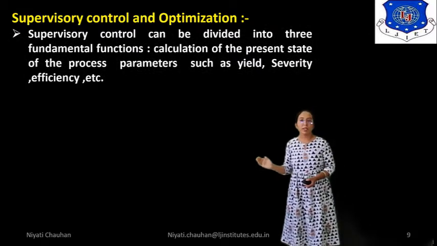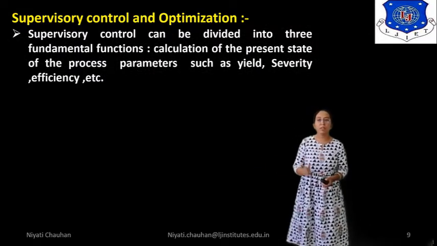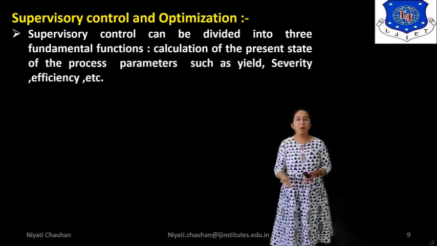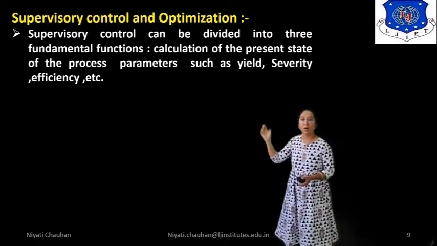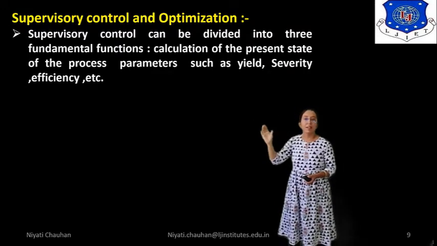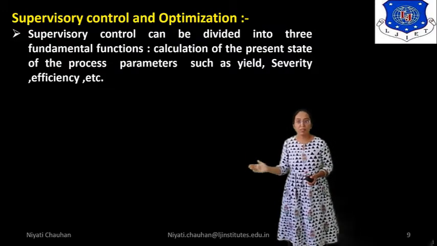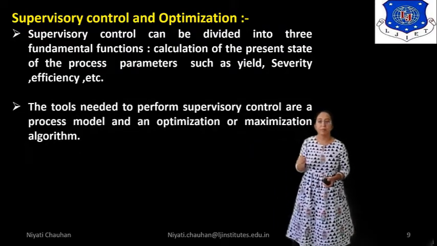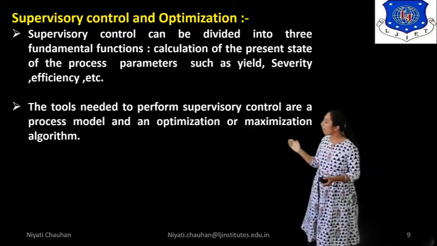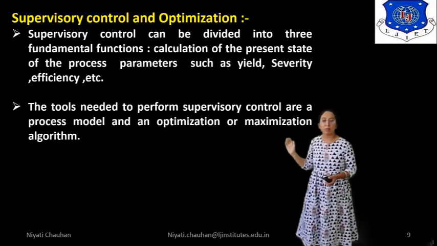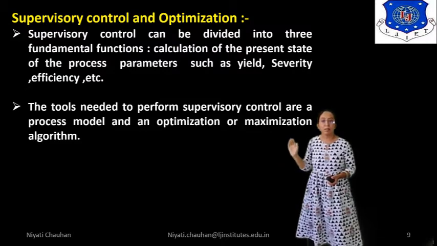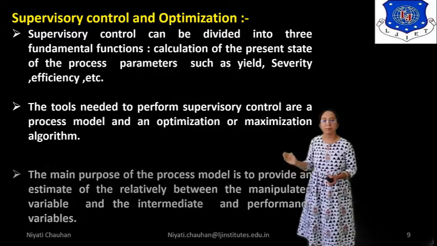Supervisory control can be divided into three fundamental functions. Calculation of the present state of the process parameters such as severity, efficiency, etc. The tools needed to perform supervisory control are a process model and an optimization or maximization algorithm.